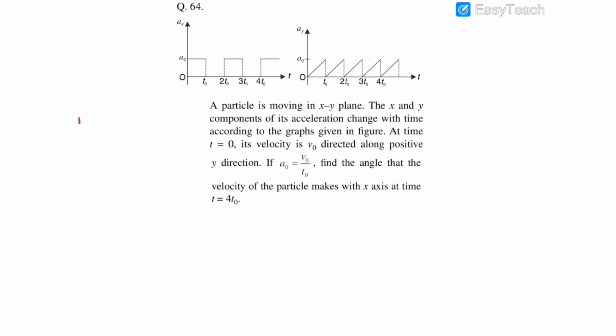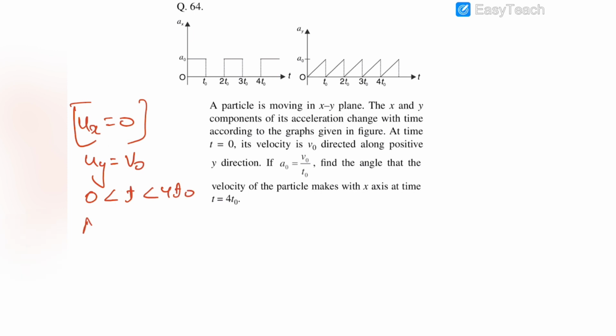We know that ux is 0, it is given in the problem, and uy is v naught. And we know that the area of AT graph is equal to the change in velocity. So when time is between 0 to 4 t naught, the area of ax t graph will be delta Vx, and that area would be the area of these two rectangles.